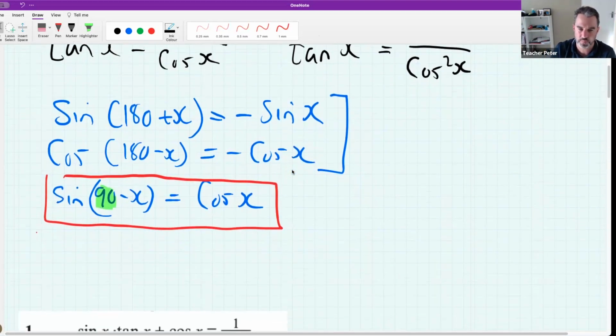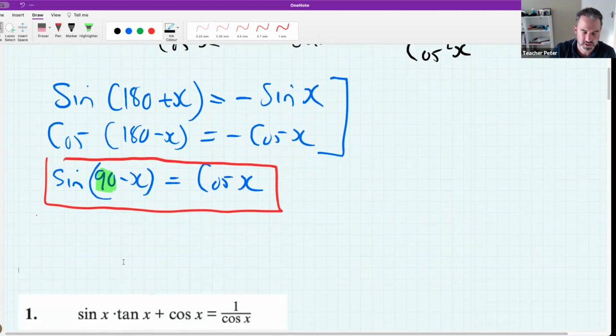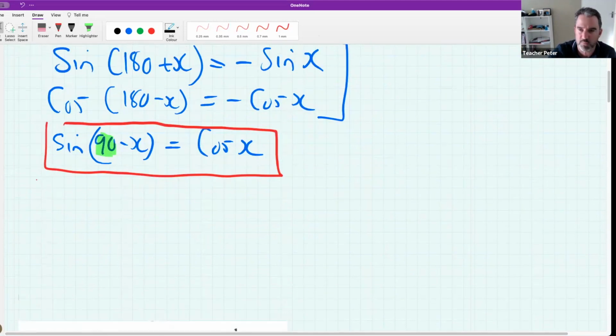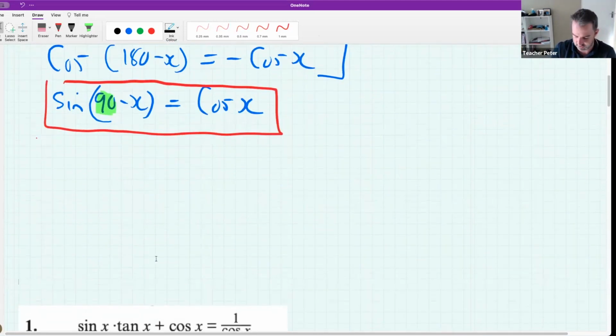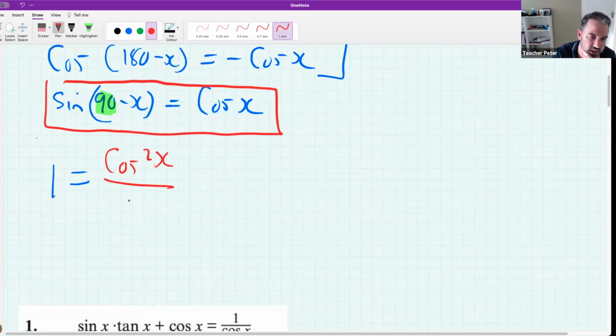Okay, now some extra tricks for today. When we are dealing with more difficult identity questions, you sometimes have to replace one with something. So you've got a one and it's not very helpful. Common tricks are, you can write one as cos squared x over cos squared x.